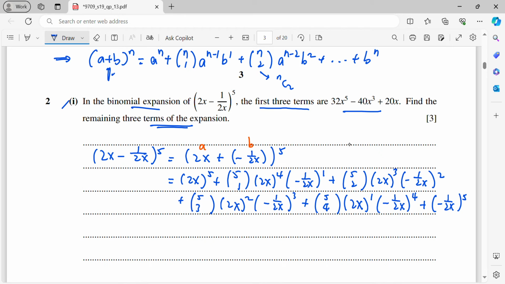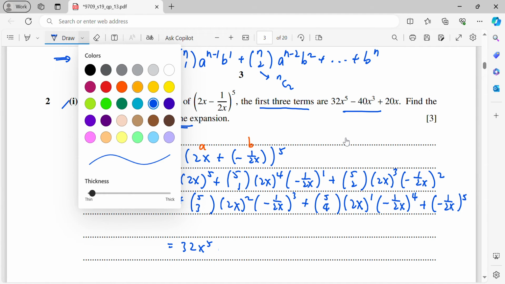Now just simplify all these terms. You will be getting 32x^5 plus 40x^4, no wait, I will directly consider it. When you look here, there is a minus.